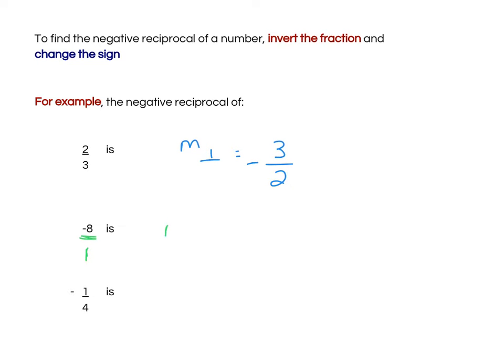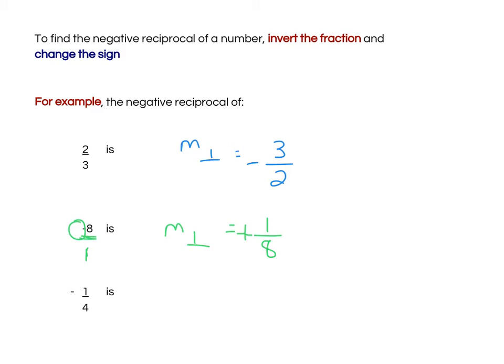And so when I find the perpendicular slope to that, I'm going to invert that fraction to be 1/8. And since it was already negative, I'm going to change the sign to the opposite. And I'm placing the positive sign here for emphasis, but we know that numbers without signs are automatically assumed to be positive.